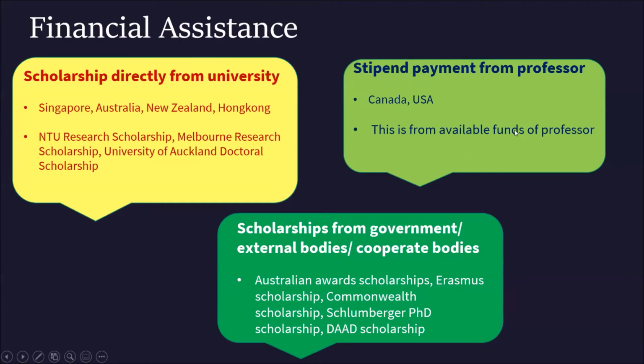After writing to the professor, if he has interest to work with you, then he can provide some financial assistance. Also remember that financial assistance usually covers tuition fee and living expenses. If it doesn't cover them, then you have to have your own money.